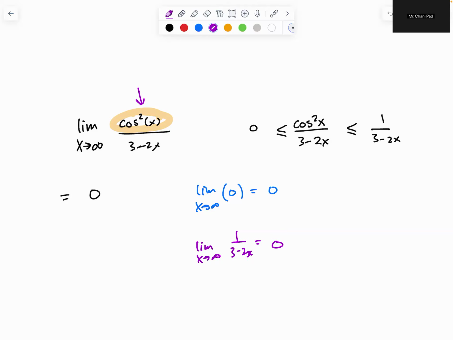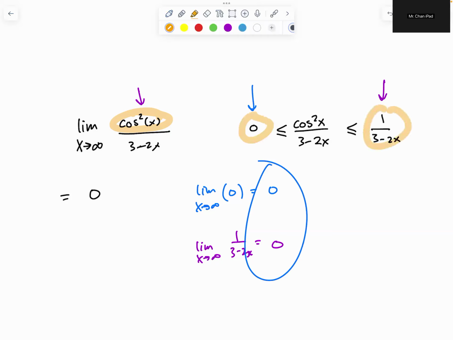And since the bigger function and the smaller function both go to 0, and since they serve as the boundaries of this rational function, cosine squared x over 3 minus 2x has got to go to 0.